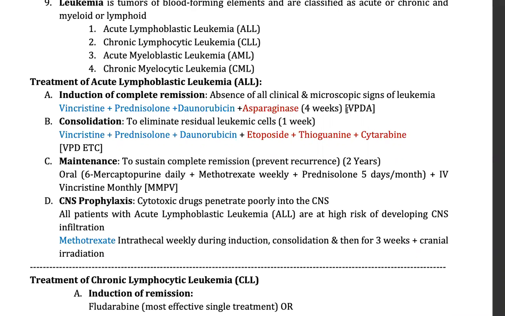After 4 weeks, you give consolidation to eliminate residual leukemic cells, for 1 week.